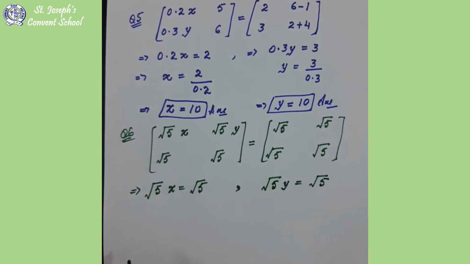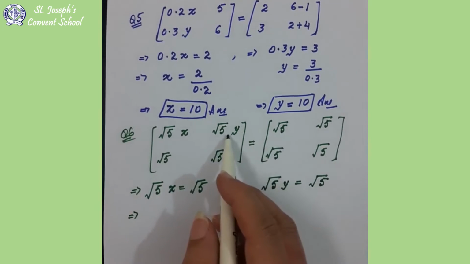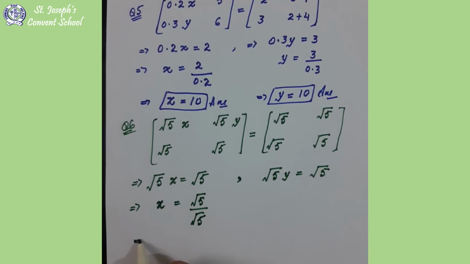So first element equals first, second equals second. I have written it. x will remain here. Under root 5 is multiplying, so that side you will divide. x equals under root 5 divided by under root 5. So the value of x is 1.